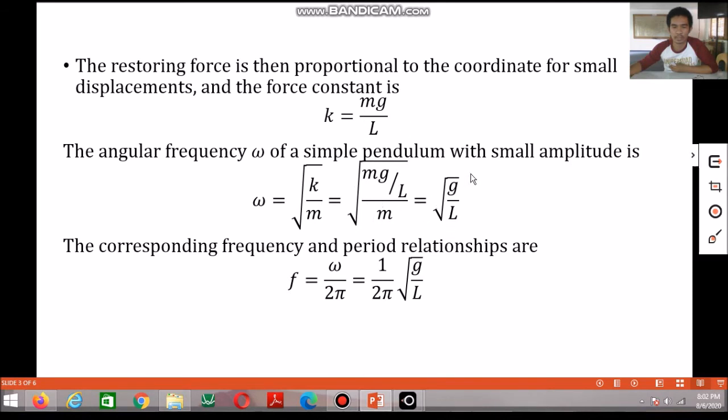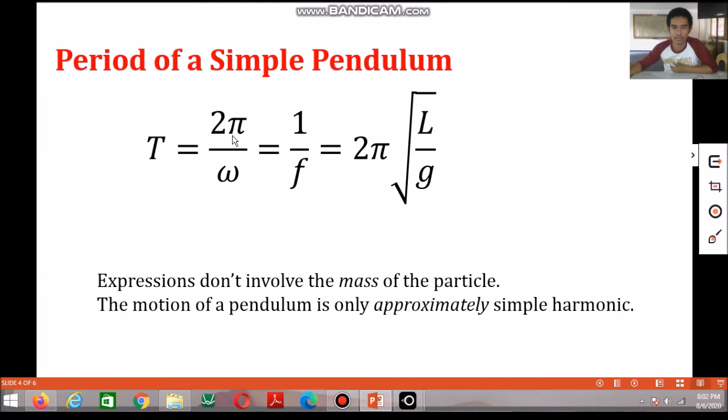Then we have the square root of g over L. The corresponding frequency and period relationships are: the frequency equals omega over 2 pi, since omega is 2 pi f, so f is 1 over 2 pi times the square root of g over L. The period is the reciprocal of the frequency, so the period is 2 pi over angular frequency, and period is 1 over f. So we have 2 pi times the square root of L over g.